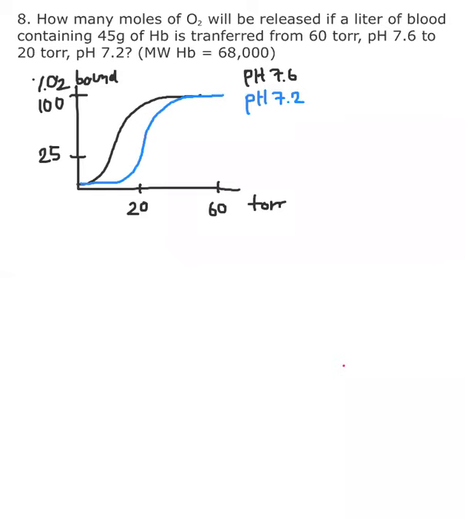So you can see that at pH 7.6, 60 torr, you have 100% of oxygen bound to the hemoglobins. But once the pH turned to 7.2 and 20 torr, the percent of oxygen bound is reduced to 25% here.